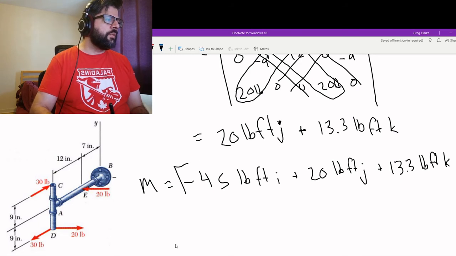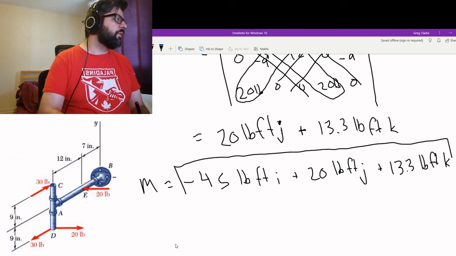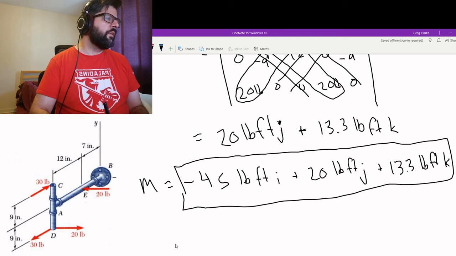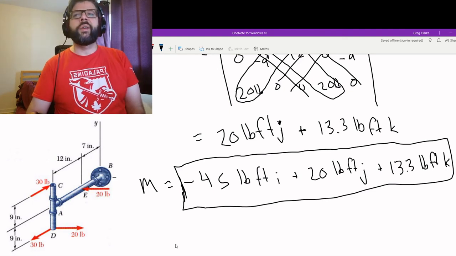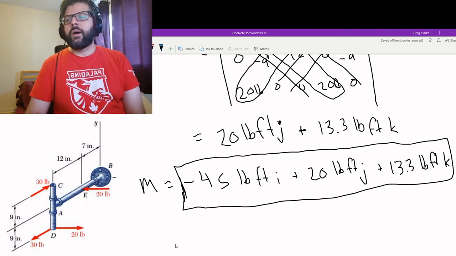You may be asked to find the magnitude of that. But if you got the rectangular components and all you're asked is to define it, that's all you need.